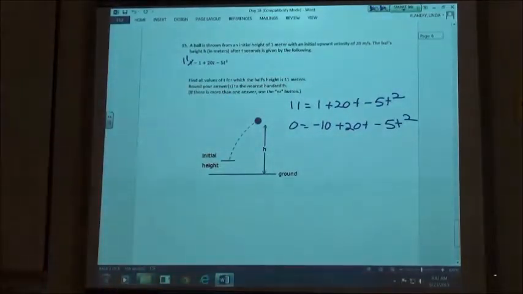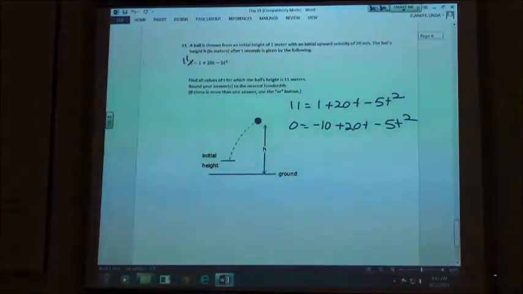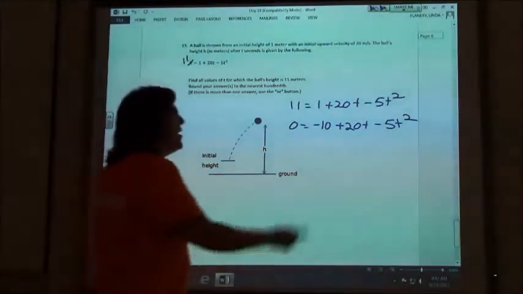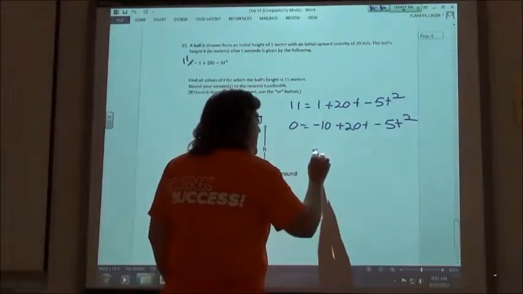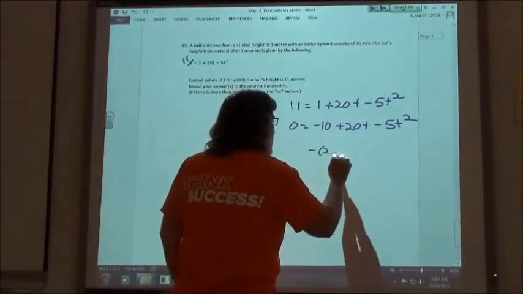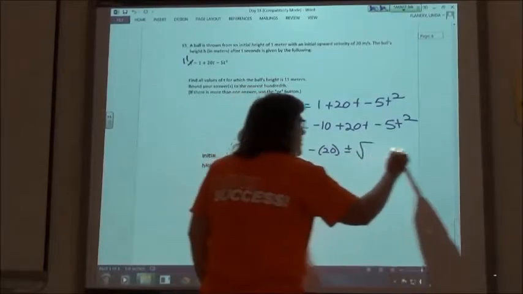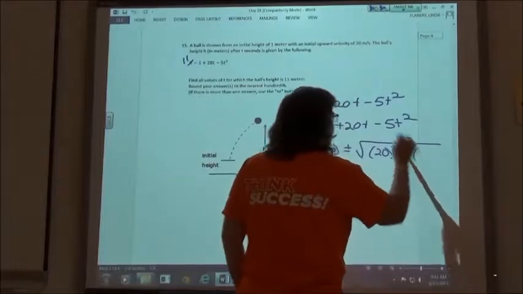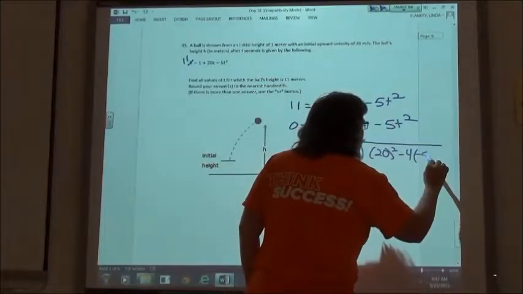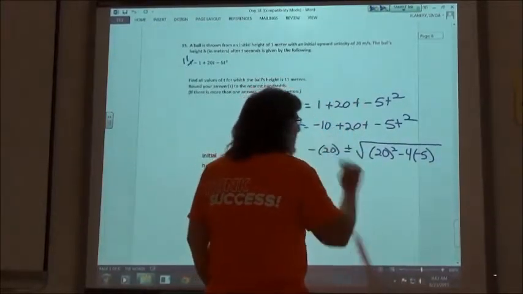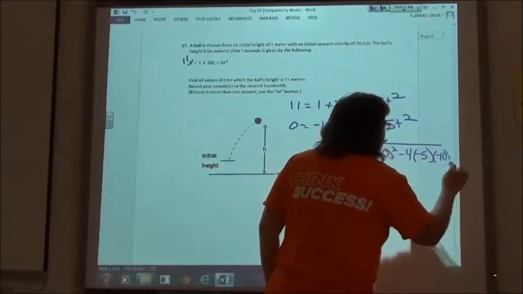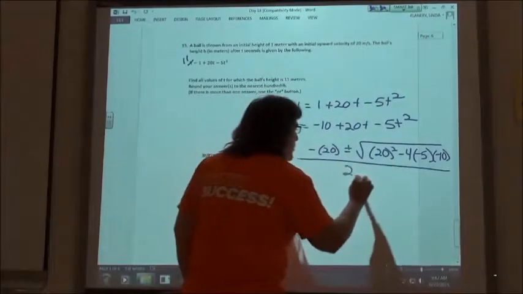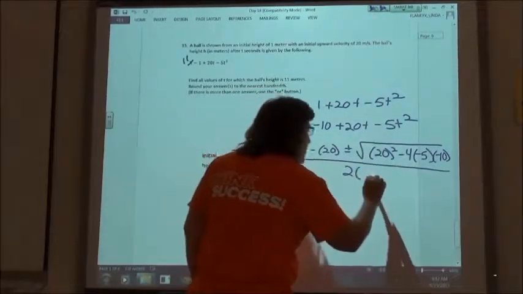So he subtracted the 11 and had negative 10 plus 20t minus 5t squared. And so, putting that in, I'm going to have minus the 20 plus or minus the square root of 20 squared minus 4 times the a value, which is negative 5, and the c value, which is negative 10, over 2 times the a value, which is negative 5.